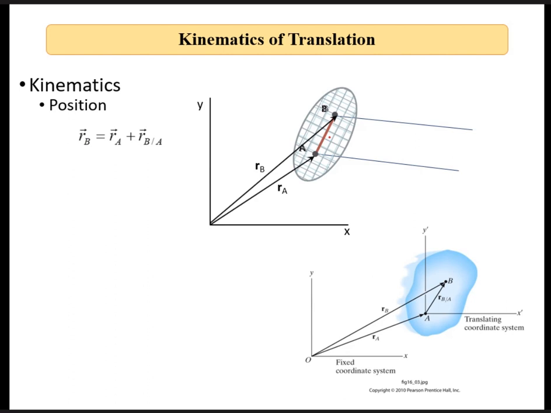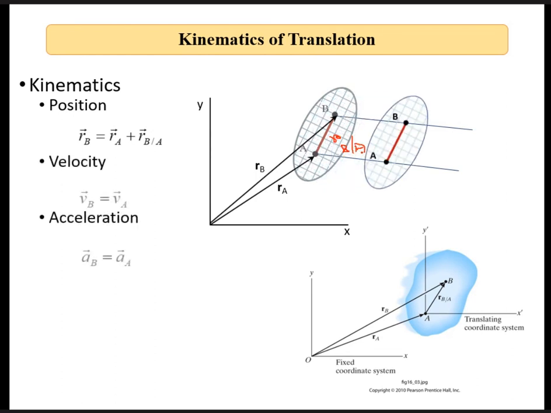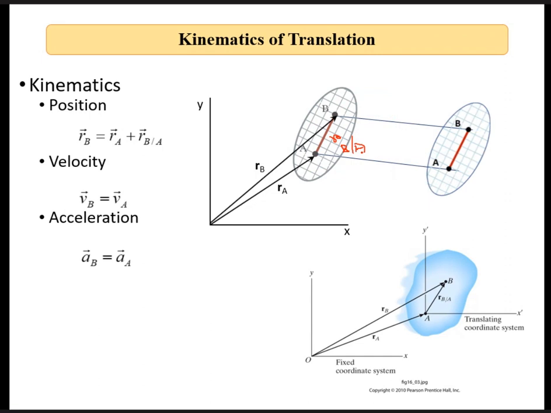This is RBA, this is RB slash A, which means position of B relative to A. Now, since it is translating like this, velocity of B will be equal to velocity of A. There will be no relative velocity component.